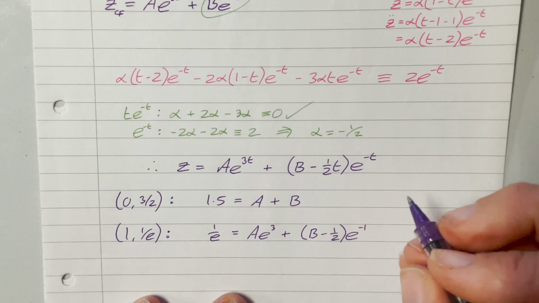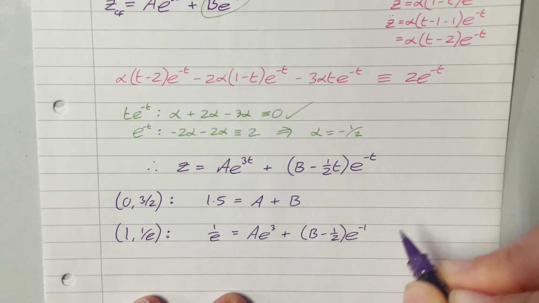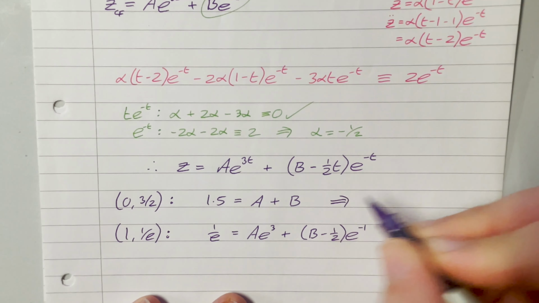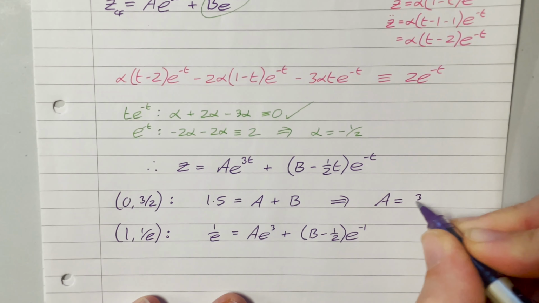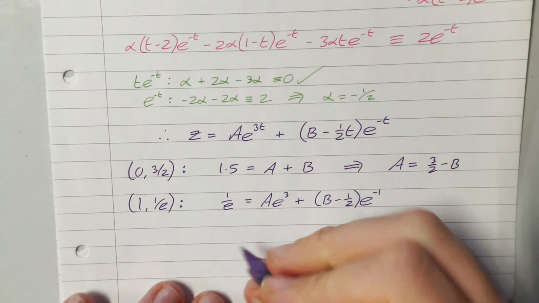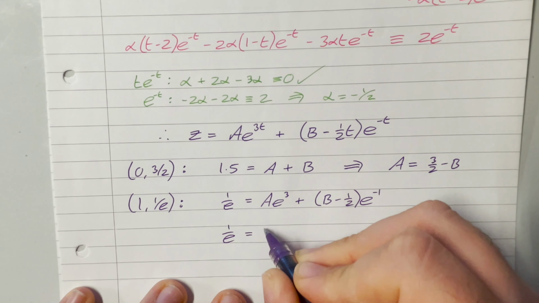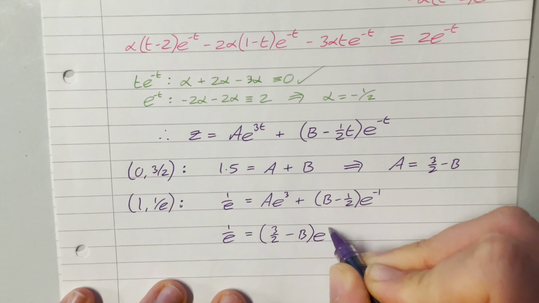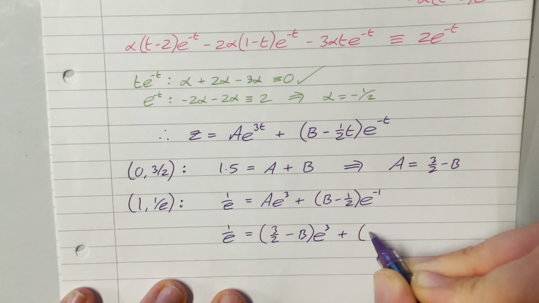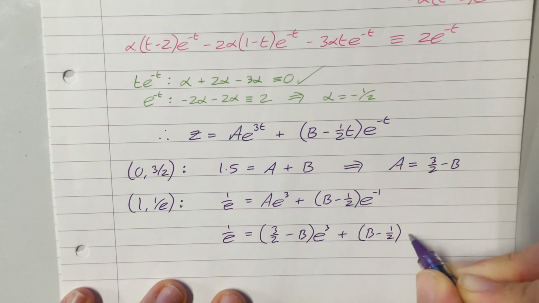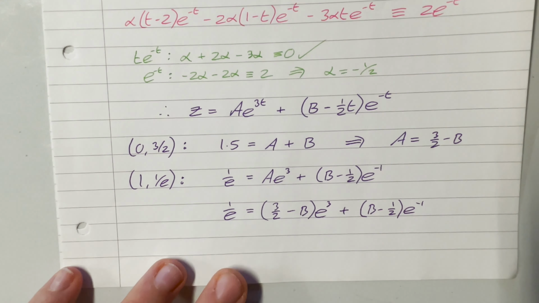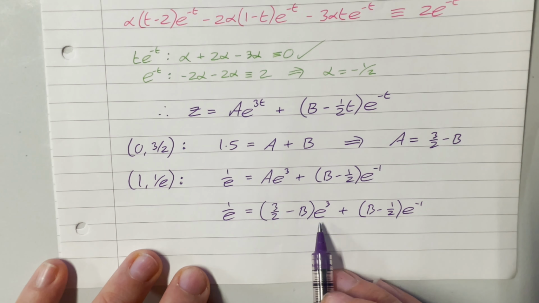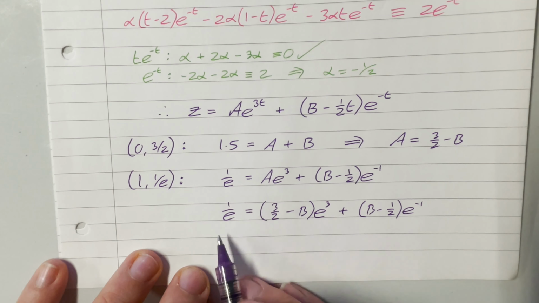Okay, so I want to solve these simultaneously. And I want them exact because I've got e's kicking around, so I can't use the calculator at this point. So I'm going to say that a is going to be equal to 3/2 minus b. So I'm going to get 1 over e equals 3 over 2 minus b e cubed plus b minus 1/2 e to the minus 1, times the whole thing by e, just to get rid of these two fractions, and I'm going to put everything with a b on this side and everything without a b on the other side.